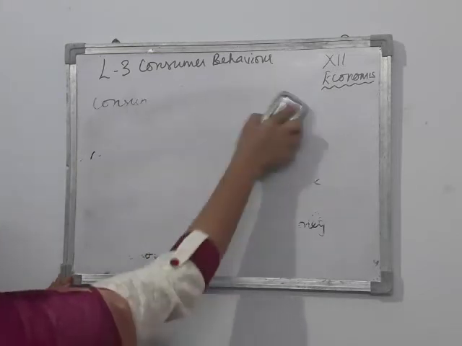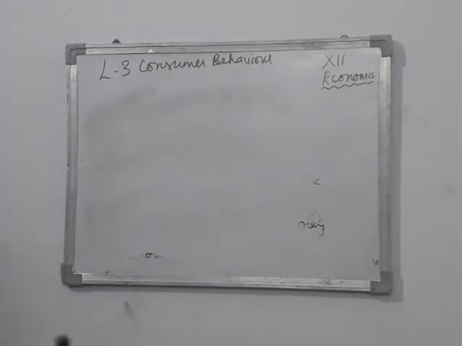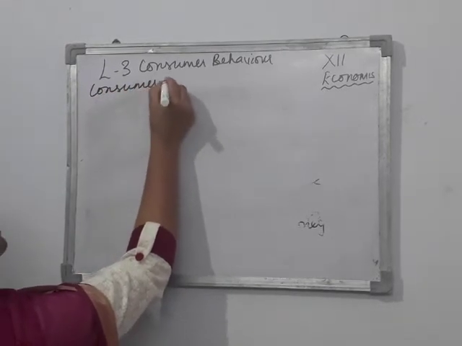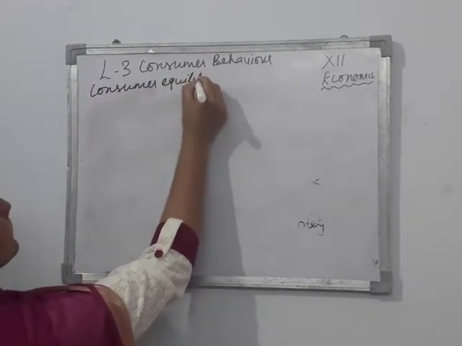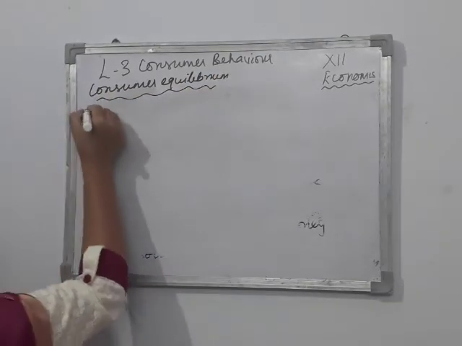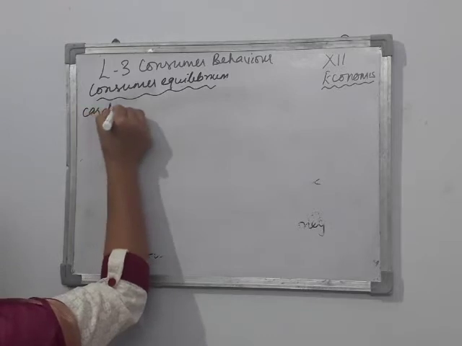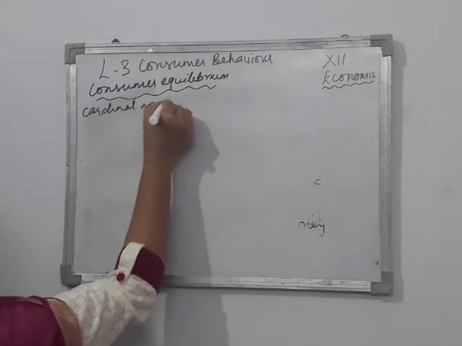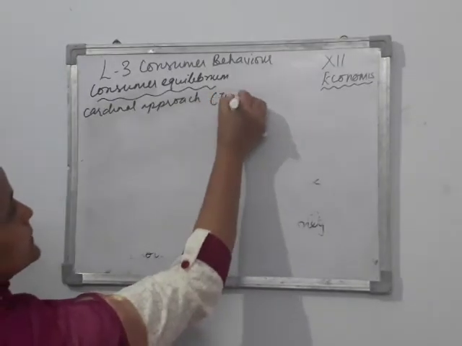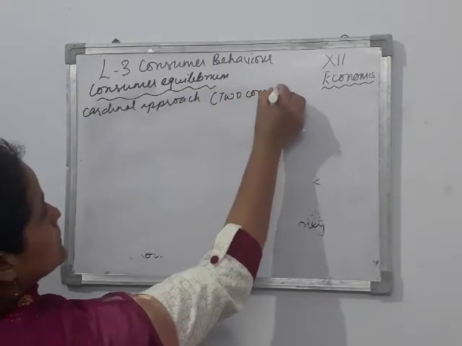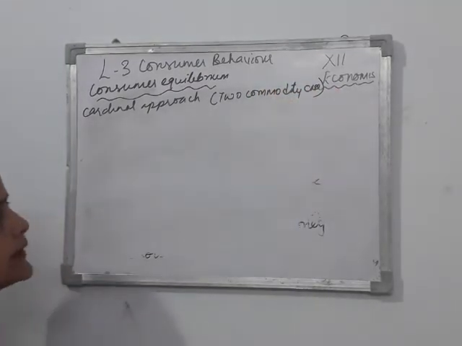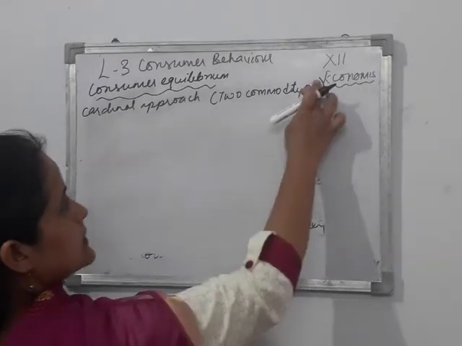Now today we'll be doing consumer equilibrium, कंज्यूमर इक्विलिब्रियम कर रहे हैं. अप्रोच कौन सा है? कार्डिनल अप्रोच. And two commodity case.